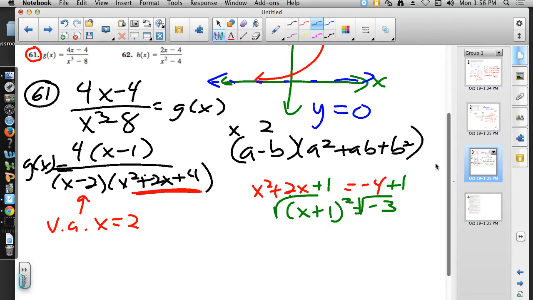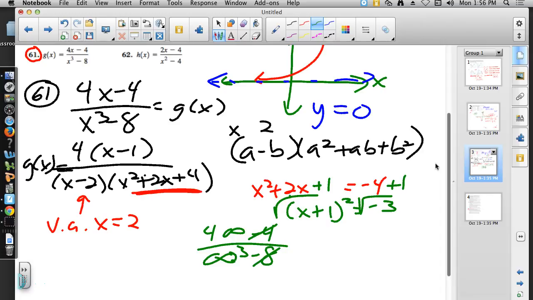And then you need to think about putting infinity in this, going to the right forever. So 4 times infinity minus 4 over infinity cubed minus 8. Well, what you see here, we don't care about the minus 4 or the minus 8.